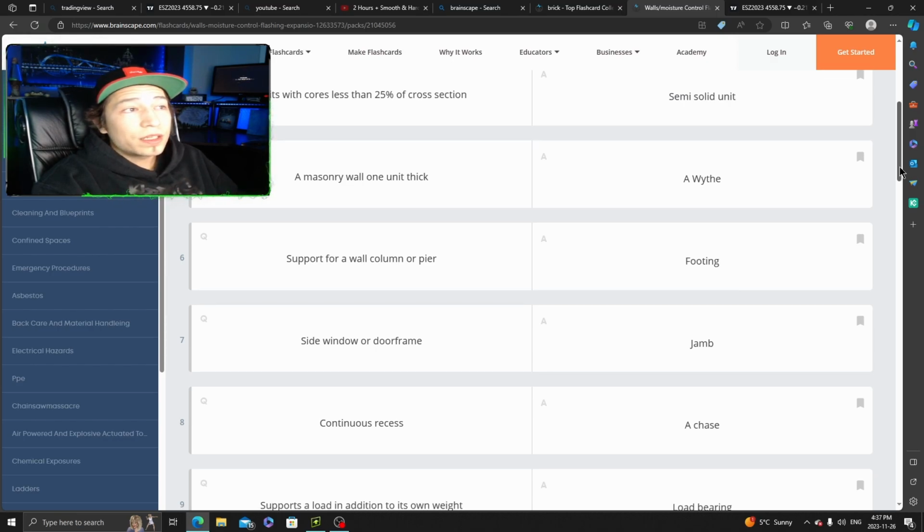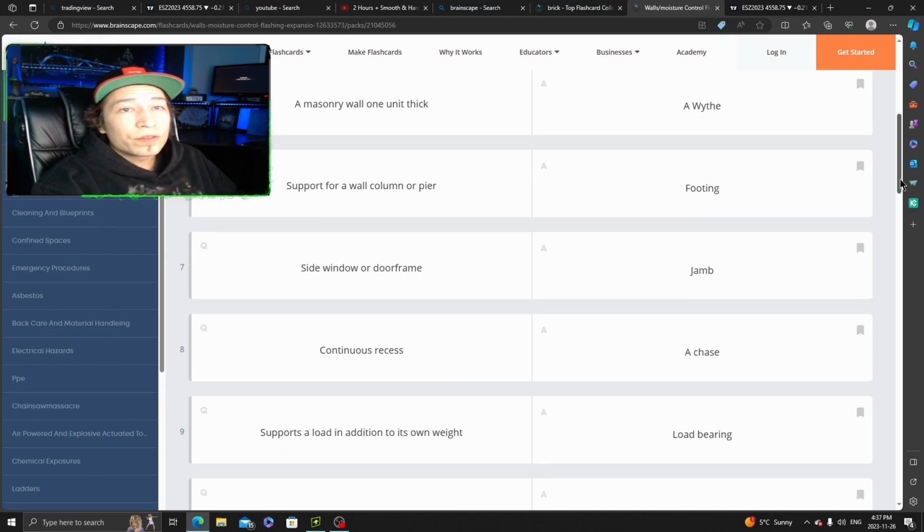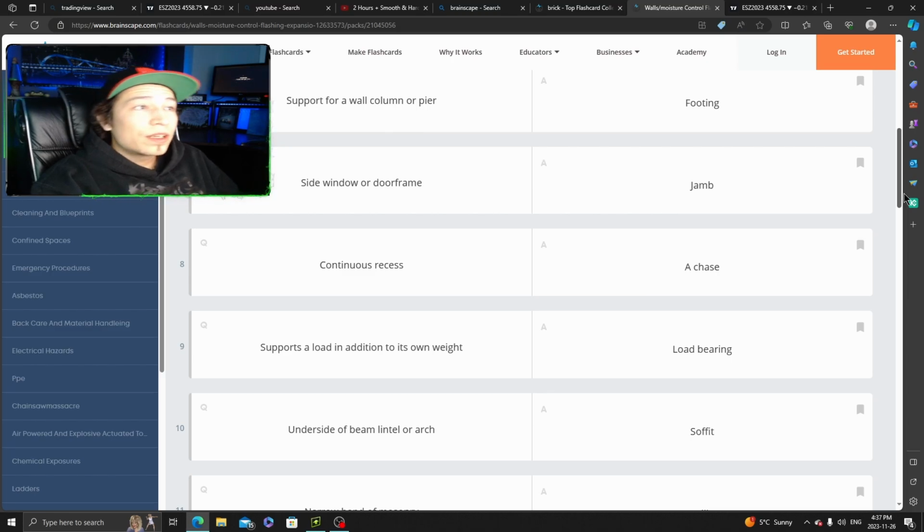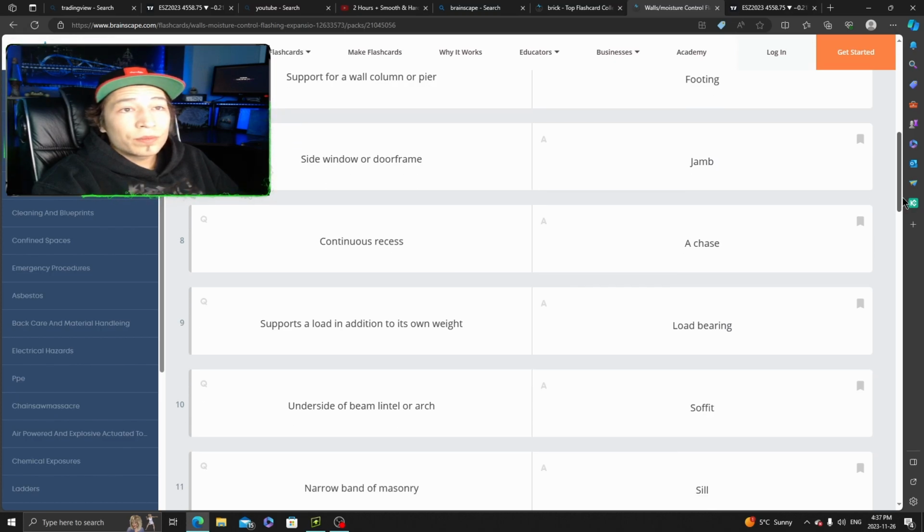So a wythe is a masonry wall 1 unit thick. Footing. Hey, I know this one. Support for a wall, column, or pier. A footing is support for a wall, column, or pier. A jamb. Side, window, or door frame. A jamb is side, window, or door frame.